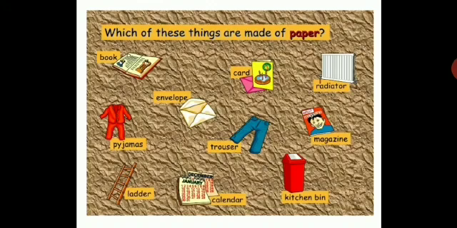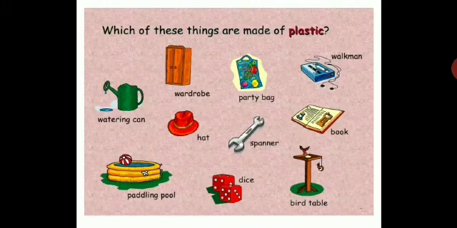You need not draw, just list down the names of the objects. Then make a list again from this list and find which of these things are made of plastic. You can easily do it. If you have already done it, please don't do it. It's a revision session, children.